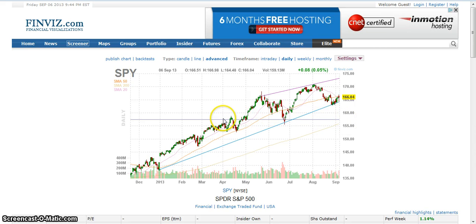And it's again pretty frequent that that happens. That's a psychological level where people see, hey, it's below that. It might have gotten below it one day, but if it stays below that, it could really signify a new downtrend, just like it signified a new uptrend here.